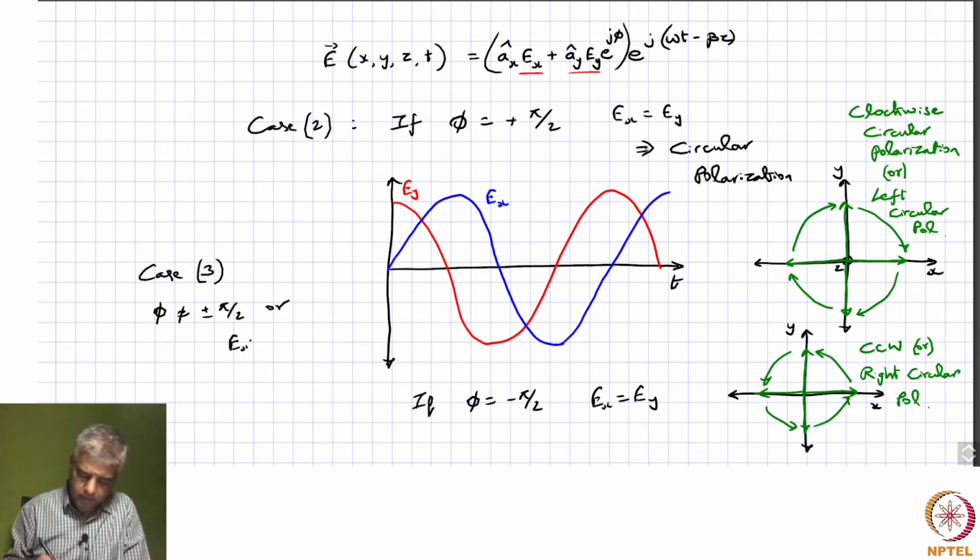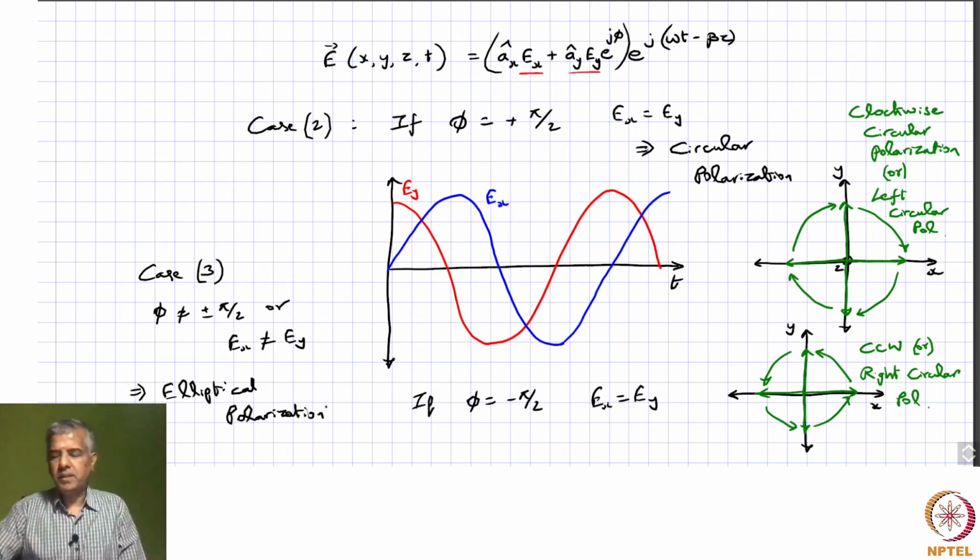So at this point along the equator it will be linearly polarized, but at 45 degrees this way, and at this point on the other side it will be linearly polarized, but orthogonal with respect to this polarization, and anything in between is going to be elliptically polarized.